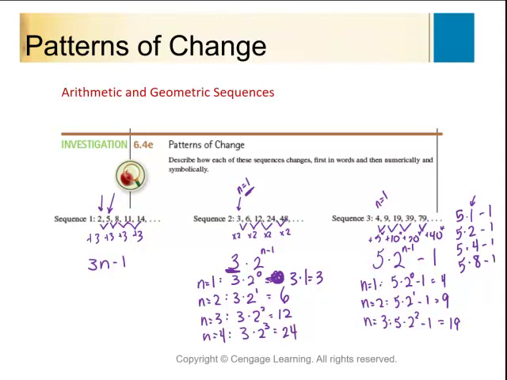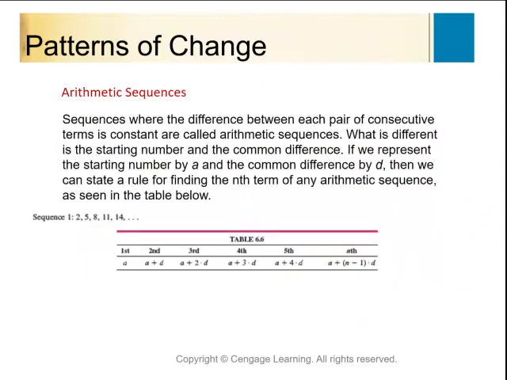Let's see what we have next. Talking about an arithmetic sequence, and what they tell me is that we are going to find our difference in our two numbers, and our difference here was 3, and they tell you that it is your D, and A is your beginning number.